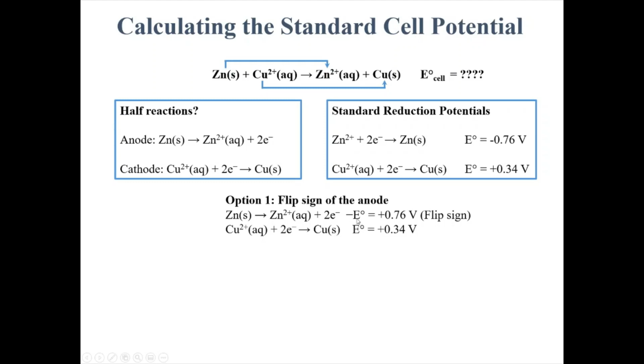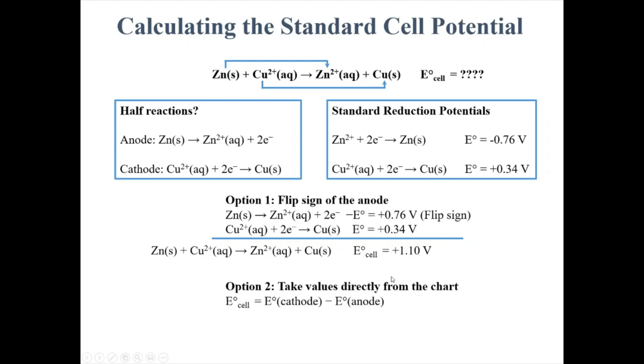So to account for that, we can take the standard reduction potential and multiply it by minus 1, essentially flip the sign in order to account for the fact that the reaction is flipped. And then we can add those up and get an E cell of plus 1.1 volts. So you can flip the sign of the standard reduction potential for the anode and get the overall cell potential.